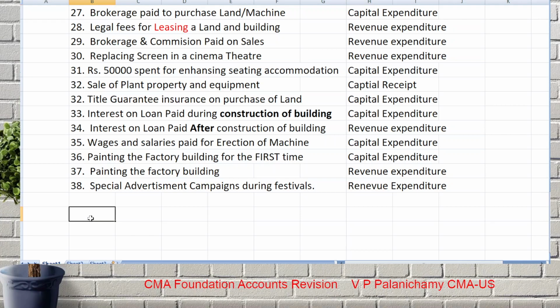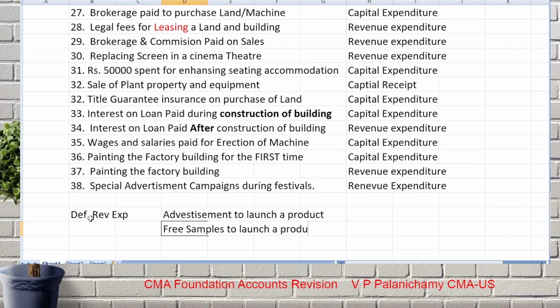See, deferred revenue expenditure example venna. And the advertisement to launch a product. Free samples, generally revenue expenditure. But free samples to launch a product is different. Same way, any preliminary expenses while starting a company.